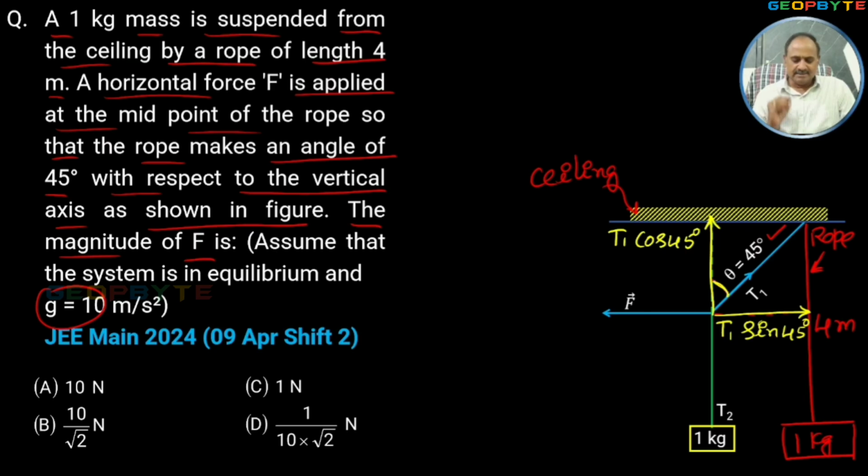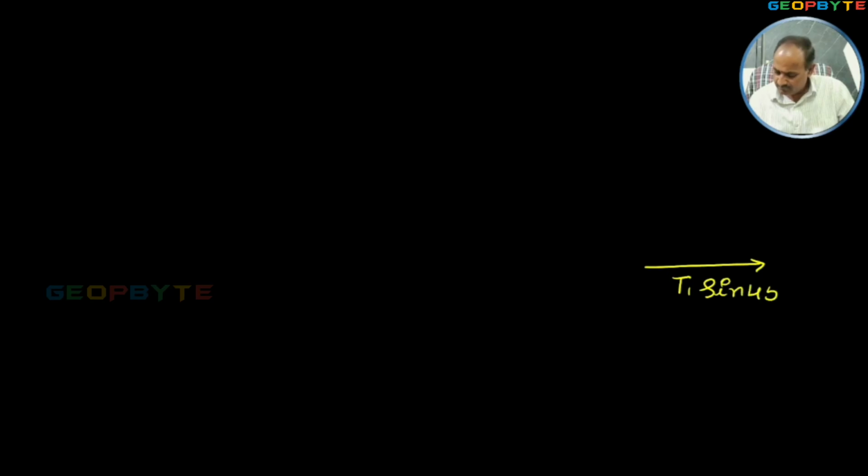For this diagram, let me make the FBD, that is the free body diagram. This is the T1 sin 45 degrees. This is the T1 cos 45 degrees.